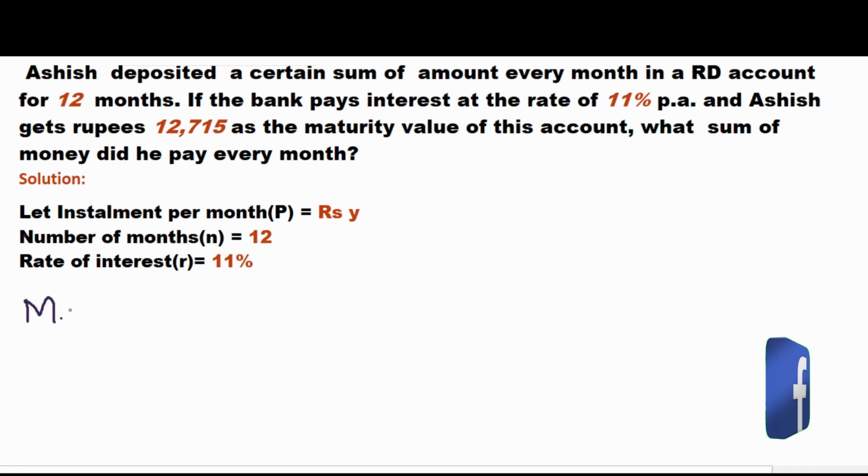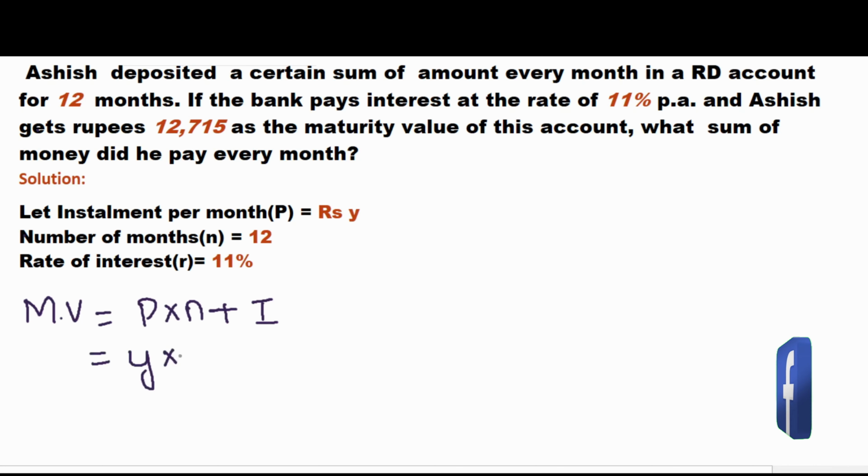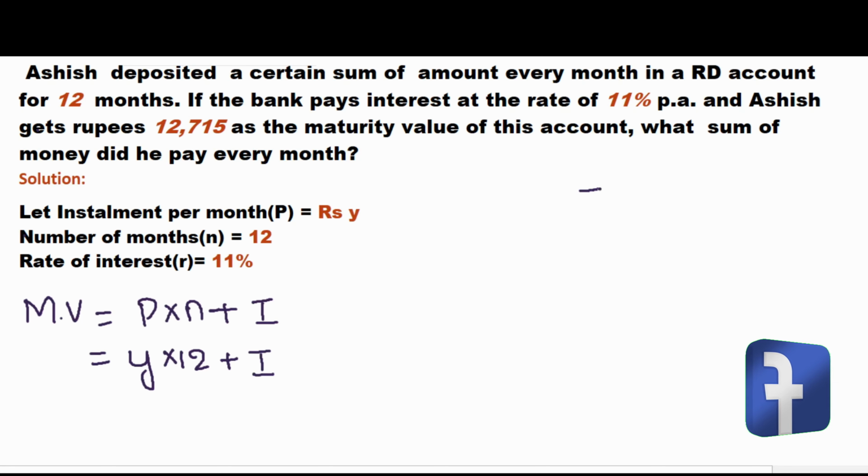Let us write the formula for MV. MV is equal to P into N plus I. Let us substitute the values. P is Y according to our assumption. N value is 12 plus I. We also learned the formula to find I value.